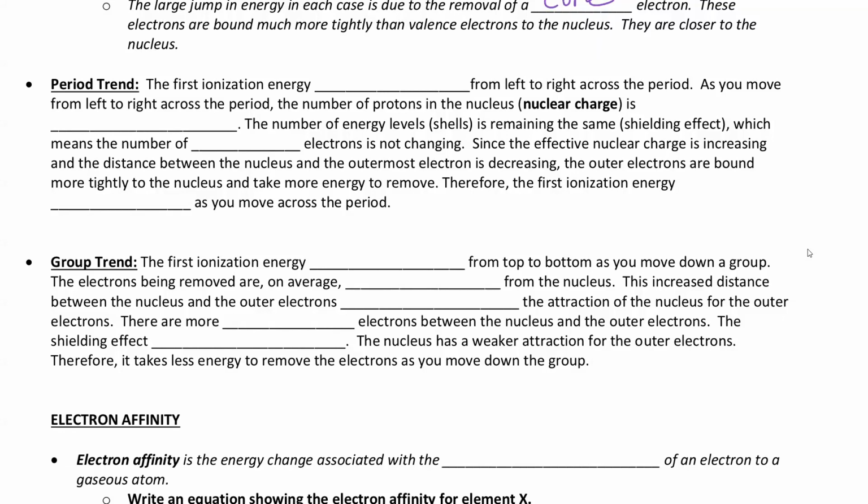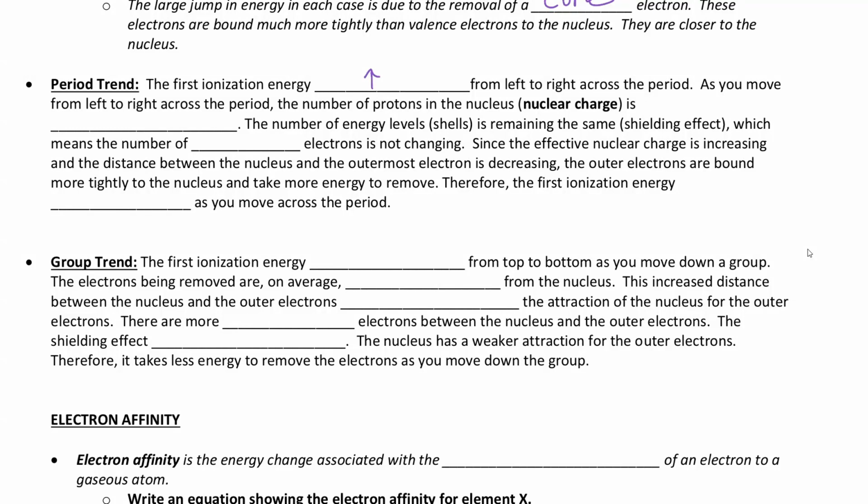Ionization energy, first ionization energy. As we go from left to right across the periodic table, it is going to do what? We're looking at our group trend and our period trend. Going from left to right across, first ionization energy is going to increase. Again, there's only one of two options.